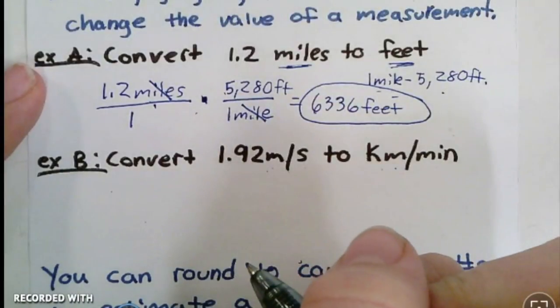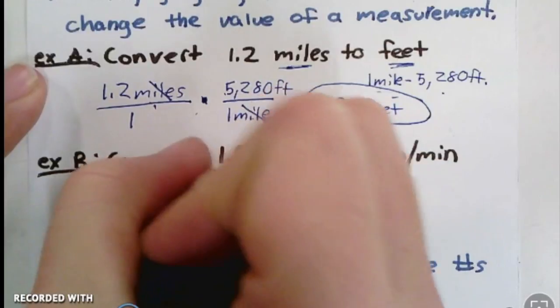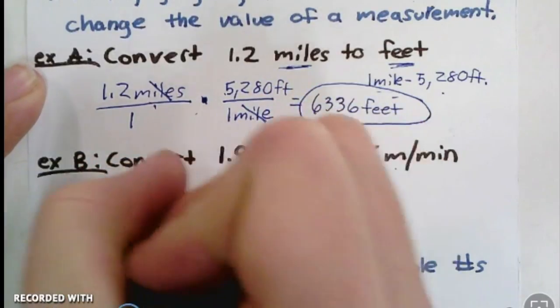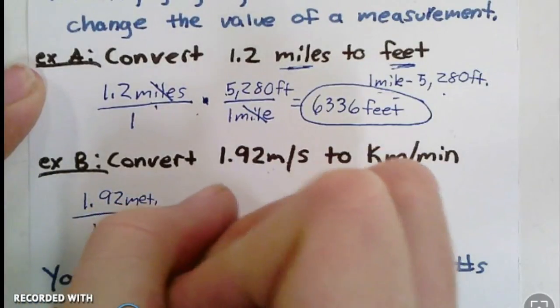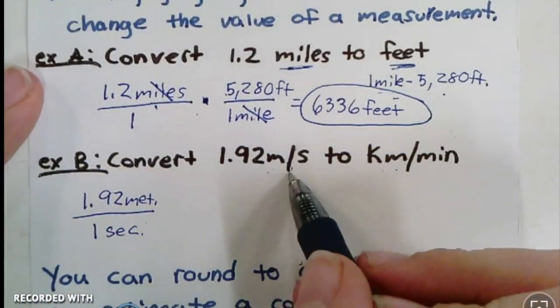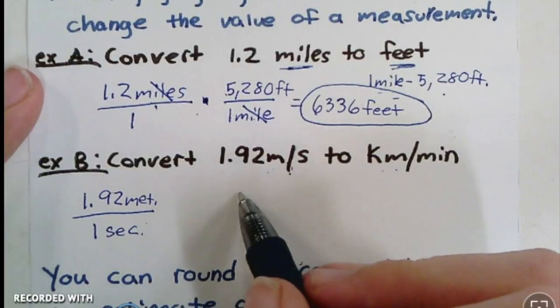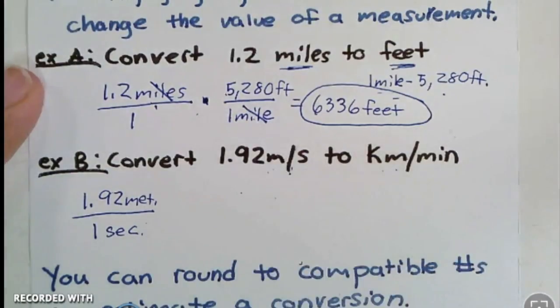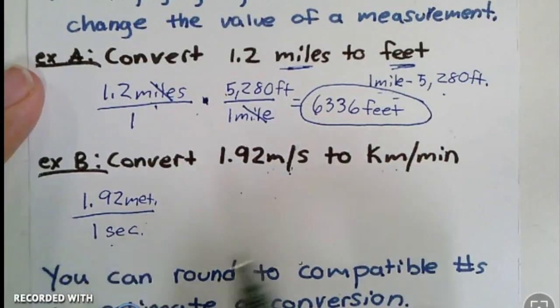On the top right now, I have 1.92 meters, and it's per 1 second. Because remember, that's what this meant, right? So this is just like saying 1.92 over 1 meters per second from unit rates. So now we have 1.92 meters over 1 second.